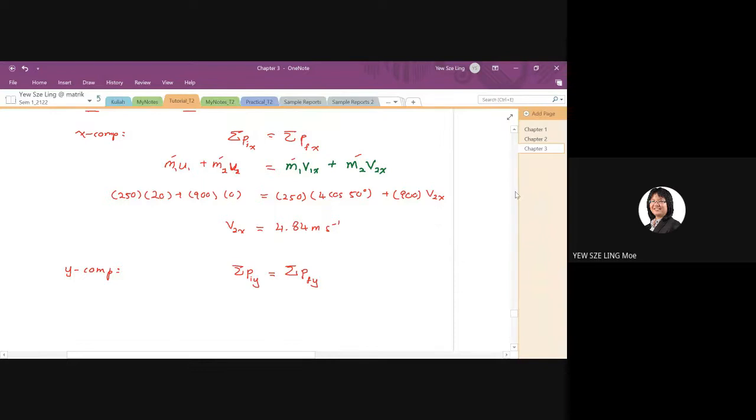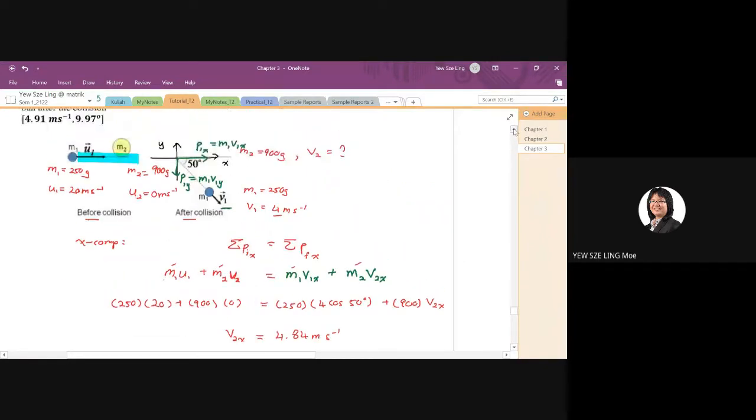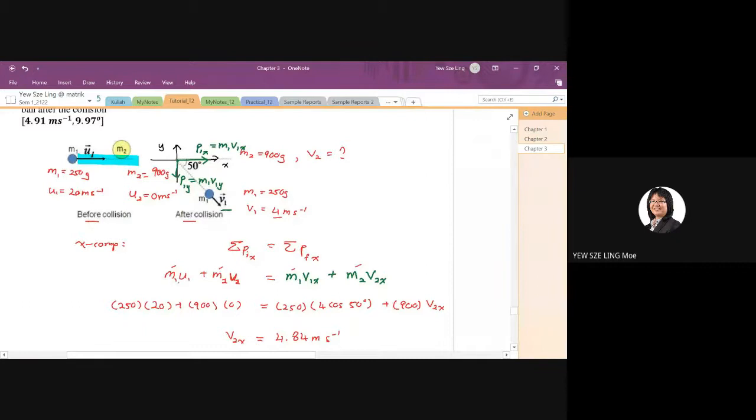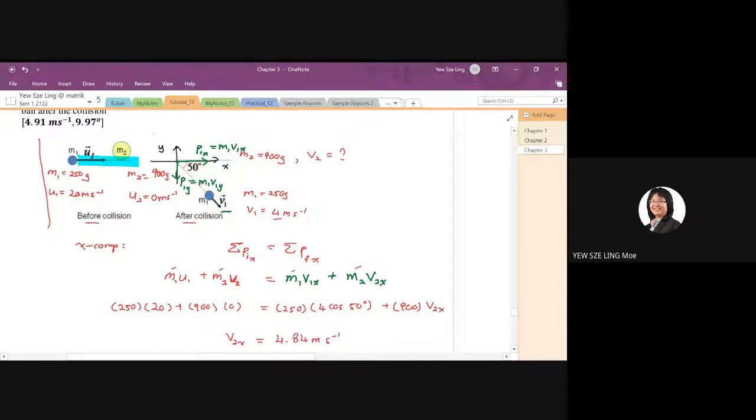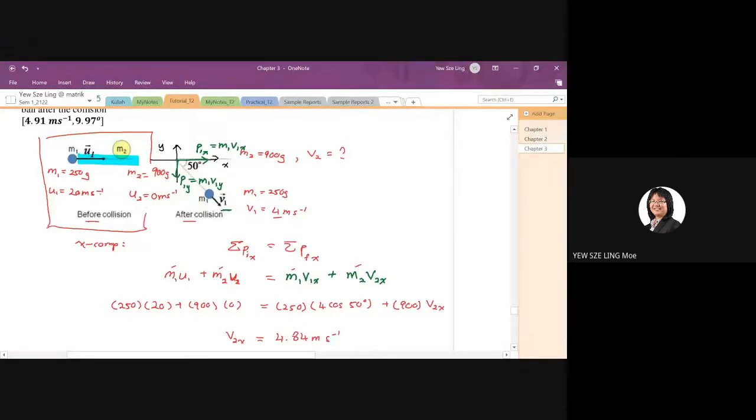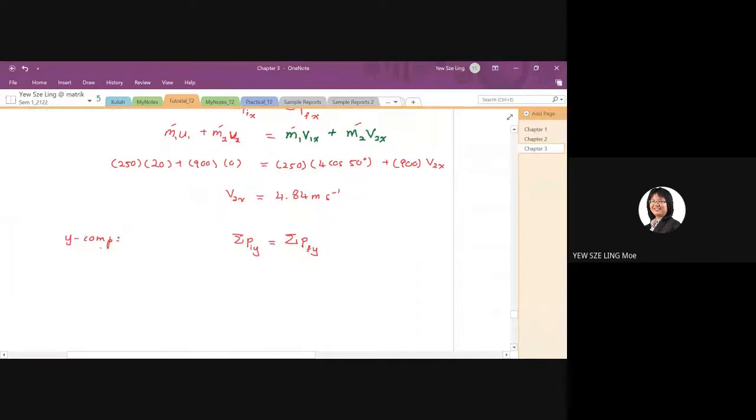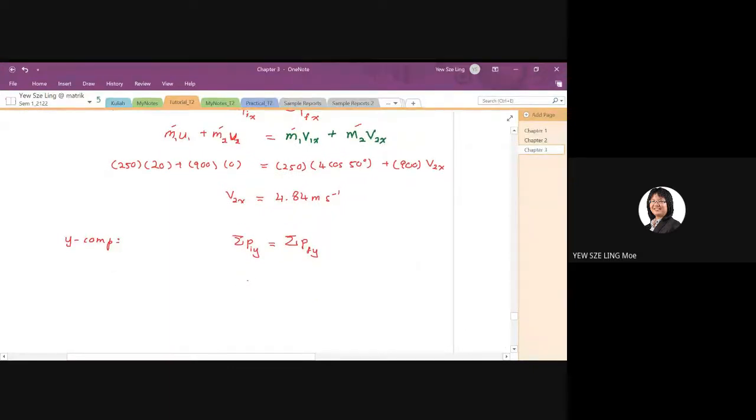If you look at the diagram, the reason I didn't use a subscript x for the initial is because I know the object is moving along the x component. In the first diagram, before collision, the object is moving along the x component. There's no y component, which means for the y component, you can just write 0. So 0 equals m1 v1y plus m2 v2y.